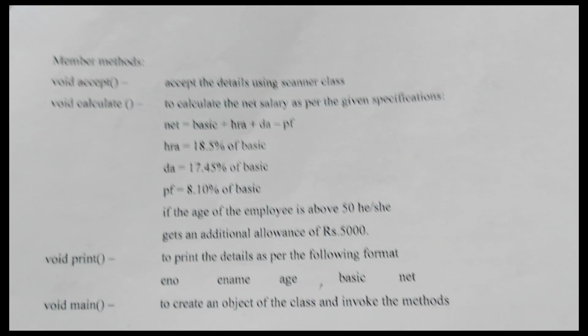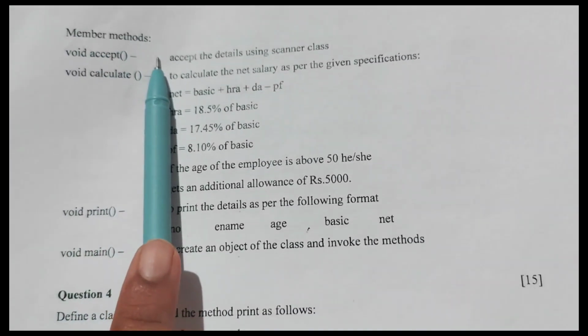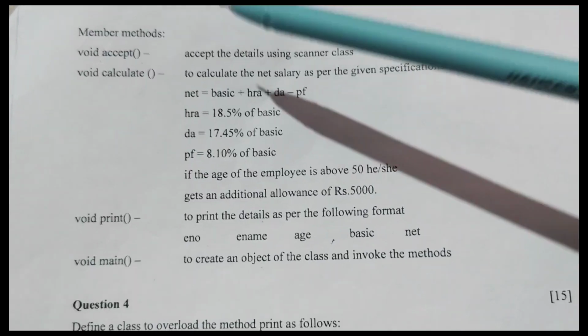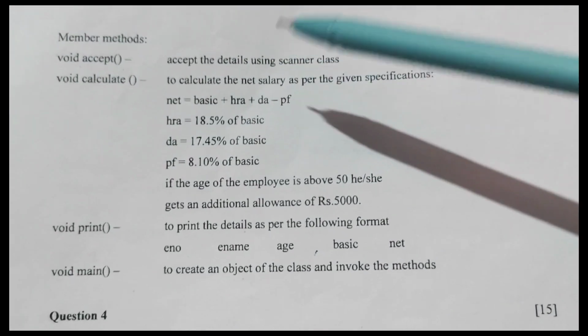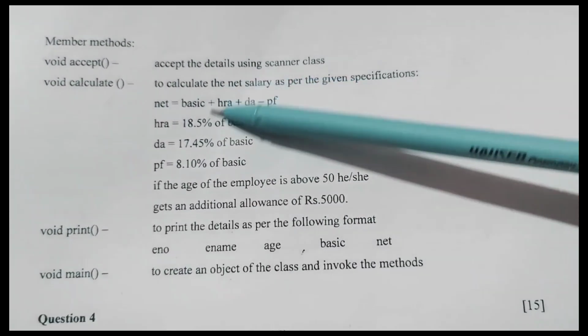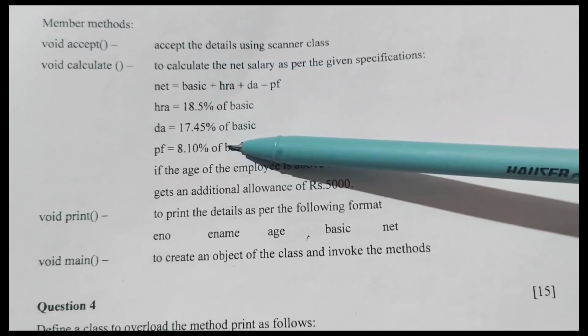In this question we will be getting to know member methods. Here void accept, which means we have to accept using scanner class. Void calculate, they have given all the basic terms or specifications to be calculated.